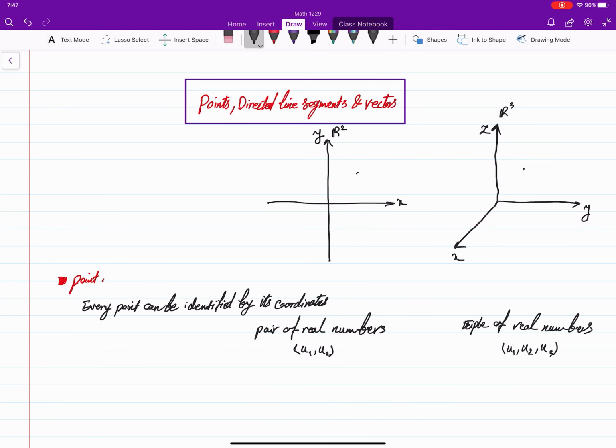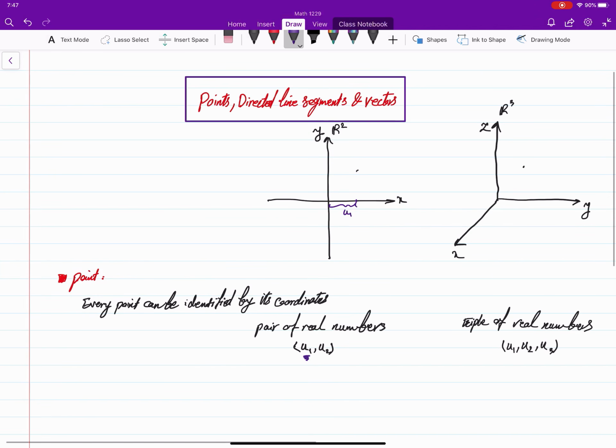How does this work? Well, basically what you do, you look at the first component and choose that number on the real line for the x-axis, and then from that point you go in the direction of y for u2, and that point has the coordinates u1 and u2.